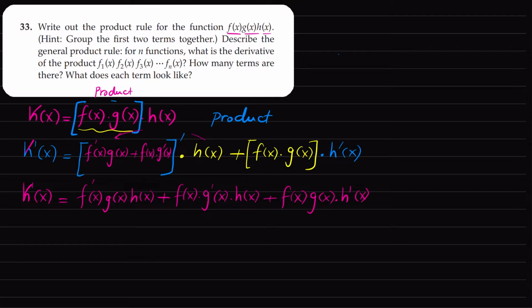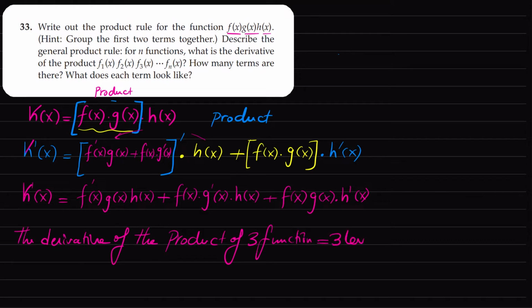So here, the derivative of the product of three functions will be equal to three terms, like this is the first term plus the second term plus third term.